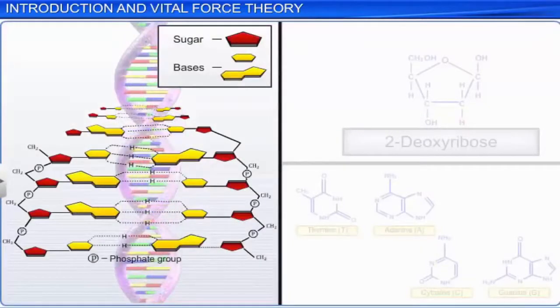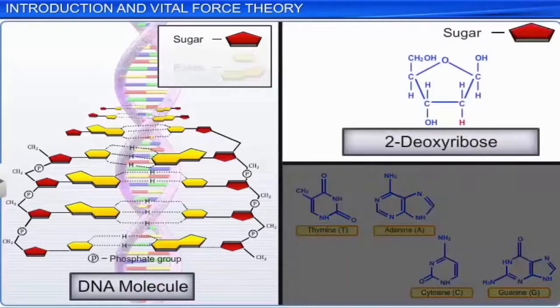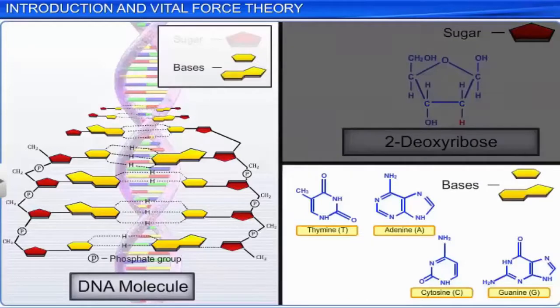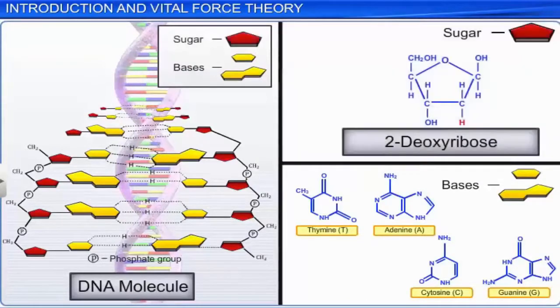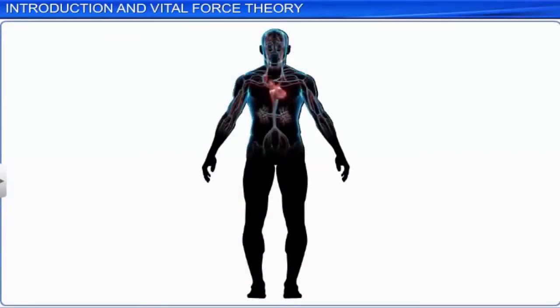For example, deoxyribonucleic acid or DNA is made up of sugar-like 2-deoxyribose and nitrogenous bases. In blood, muscles, and skin.